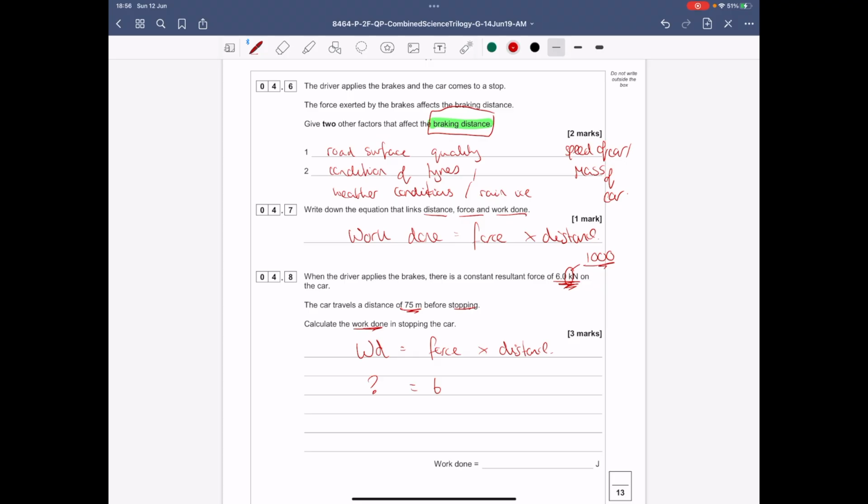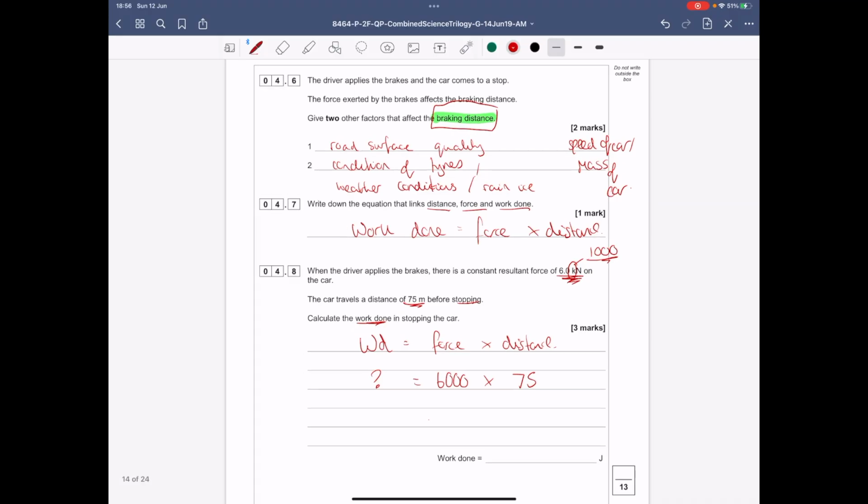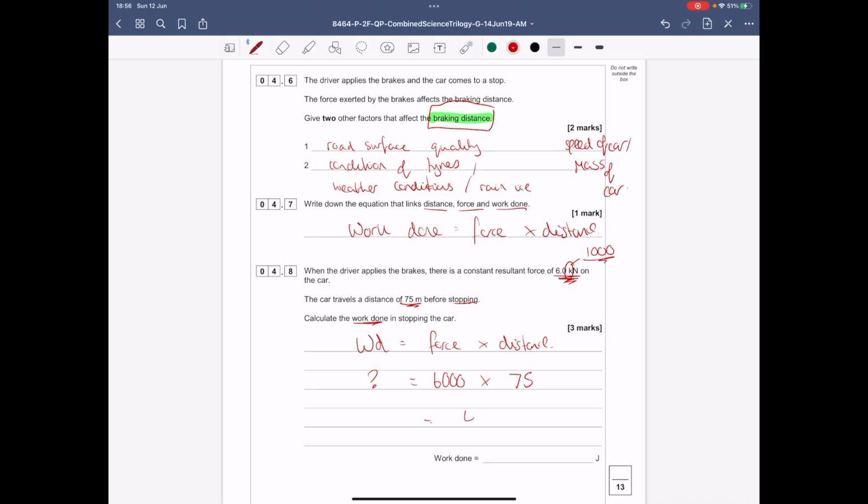So 6 times 1,000 is 6,000, times the distance travelled, which was 75 meters. So 6,000 times 75 gives me 450,000 joules. That would be the amount of work done to stop the car. Work done, if you just remember, is energy transferred.